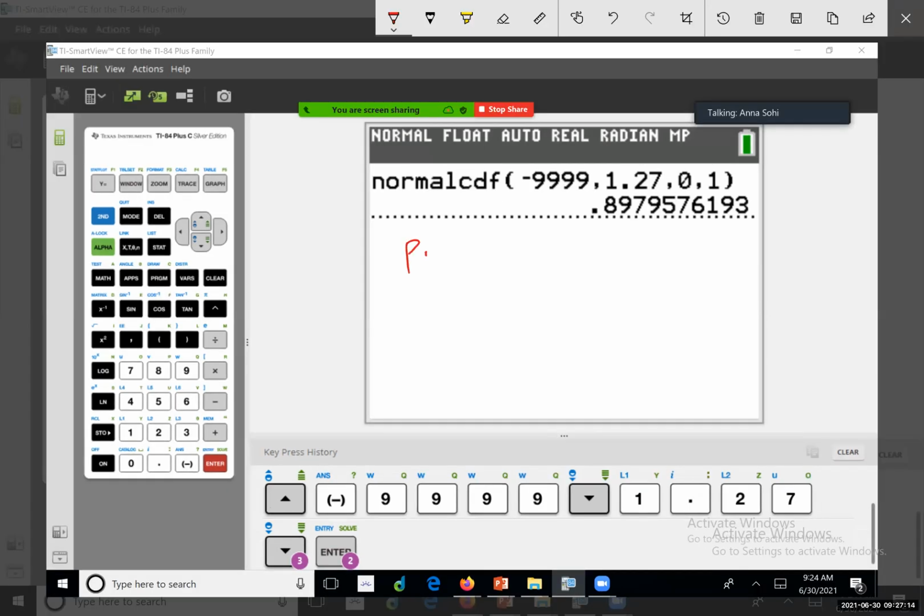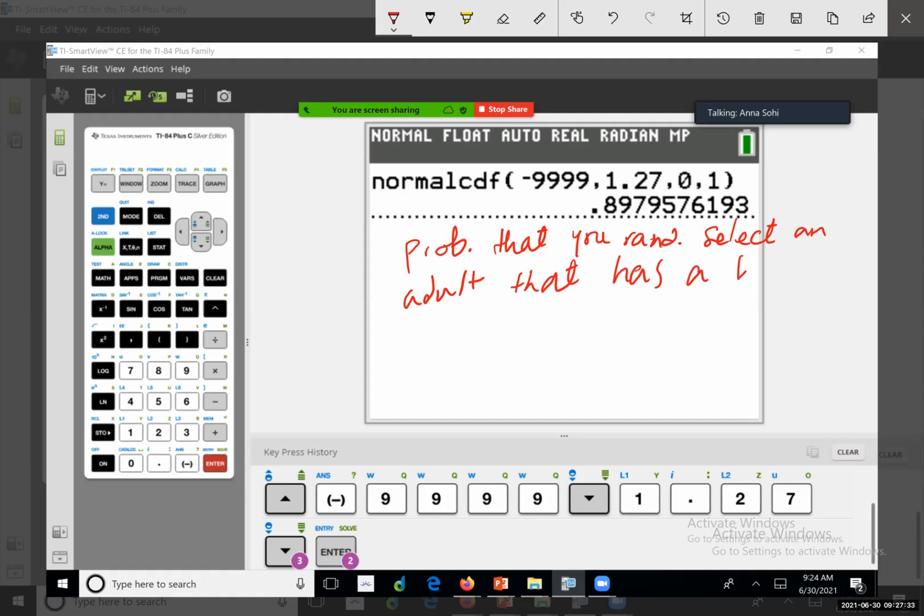Probability that you randomly select someone, you randomly select an adult, that has a bone density less than 1.27 is about 90%.